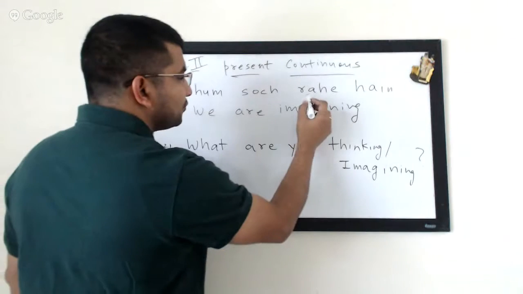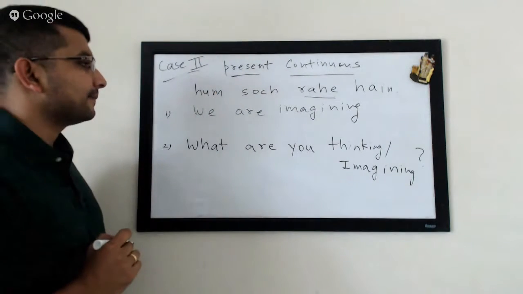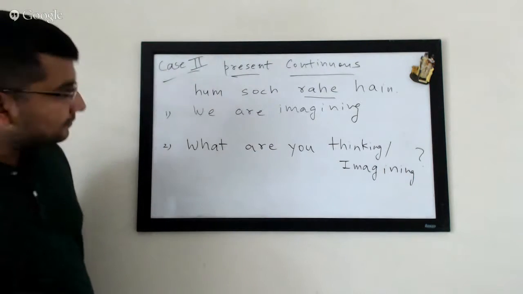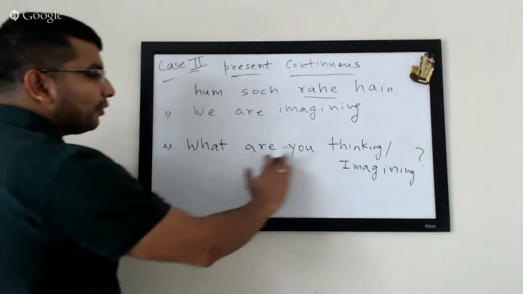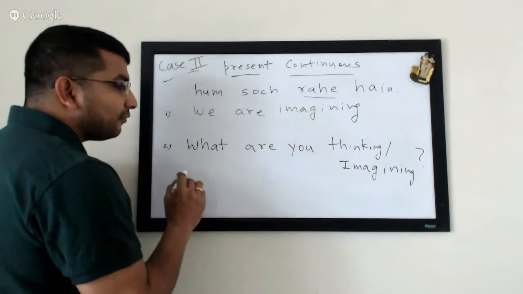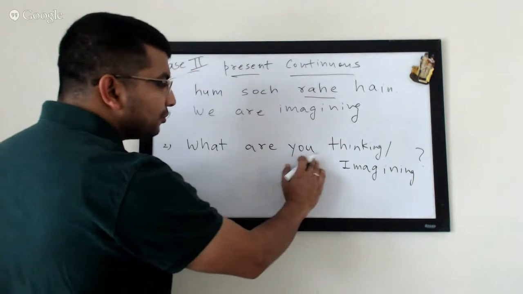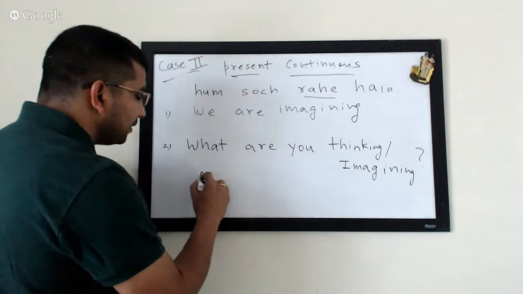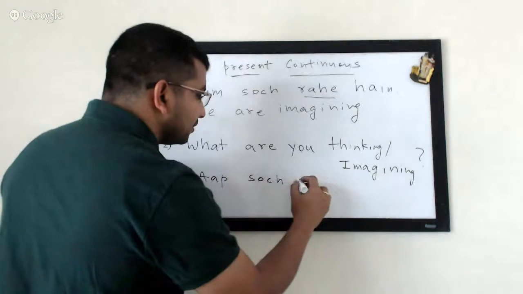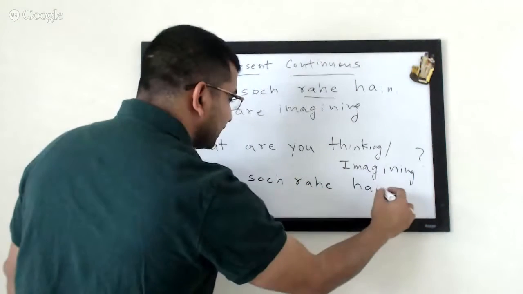Okay, because this is plural, हम सोच रहे हैं. And this one, what are you thinking, right? If you're writing a formal you, it's आप. So let's say the simplest way would be you are thinking. आप सोच रहे हैं.